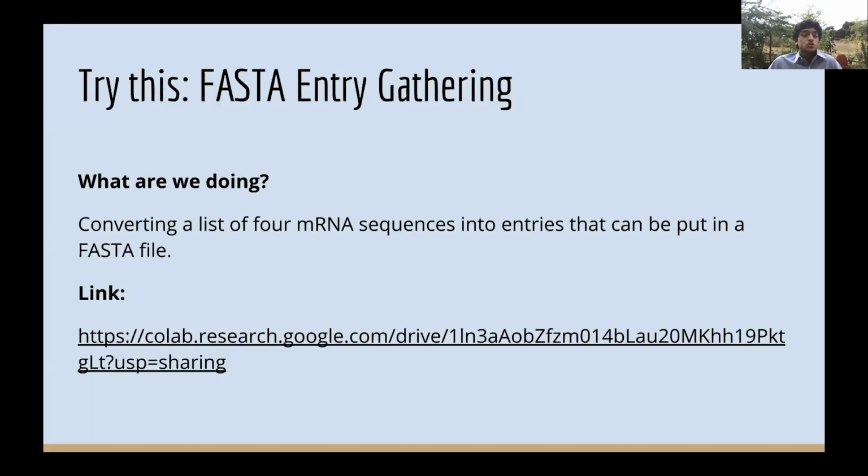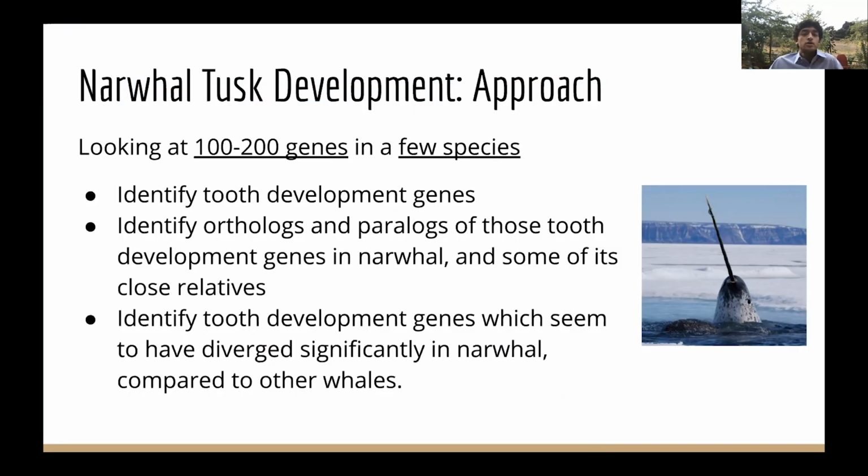So this gets us to our 3rd workshop, which is going to be getting some FASTA entries. When we're working with a lot of data, going back to this slide right here, 4 species, 100 to 200 genes, that's in the ballpark of 400 to 800 genes. And there's no way anyone wants to manually search for FASTA entries on GenBank for 400 different genes.